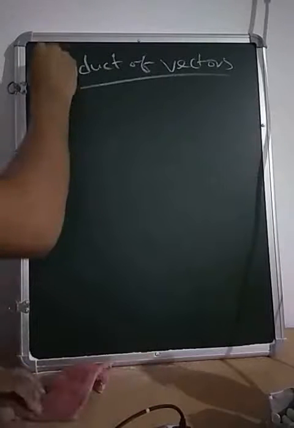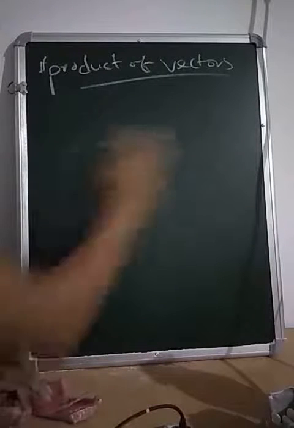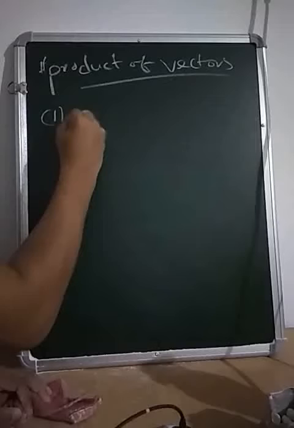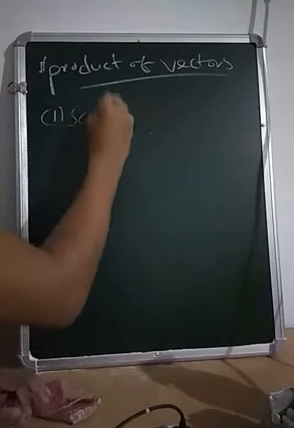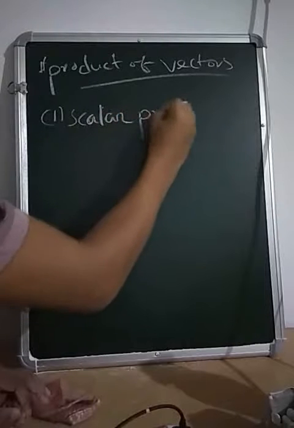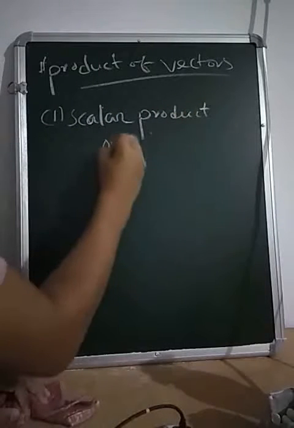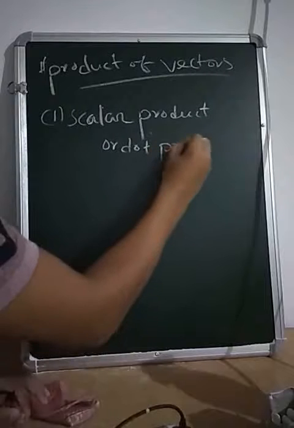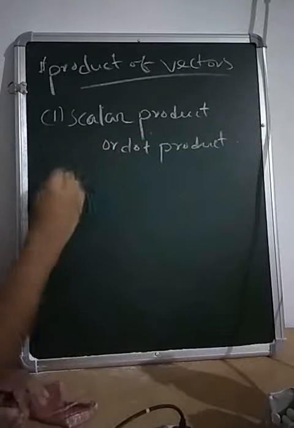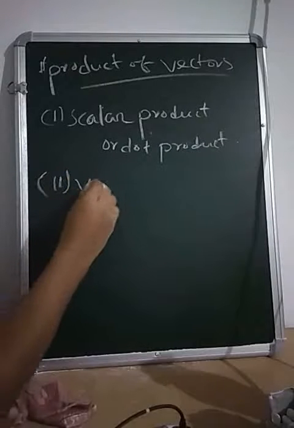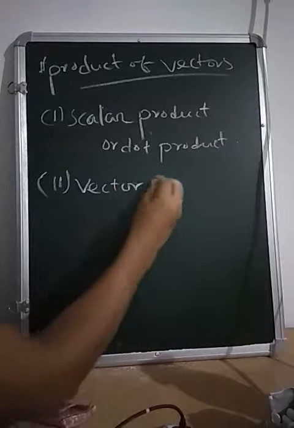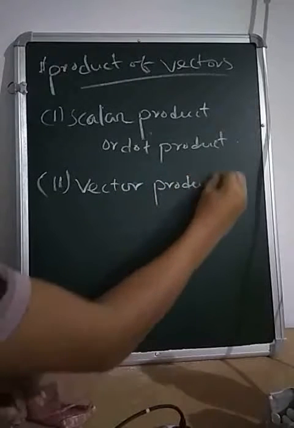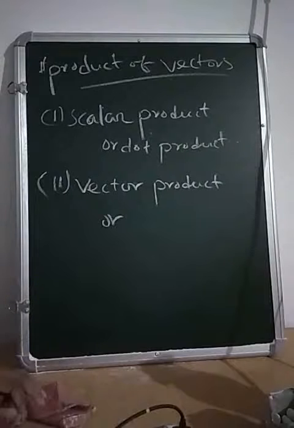There are two types of product in the case of vectors. One is scalar product, or dot product. The second one is vector product, or cross product.